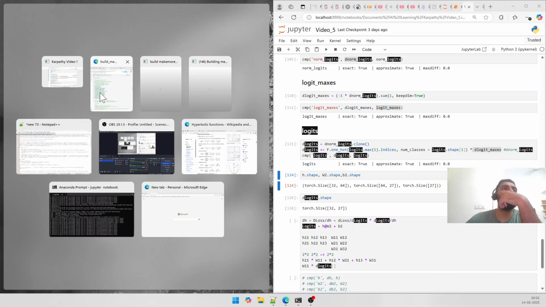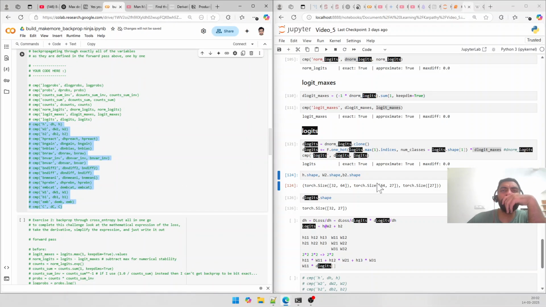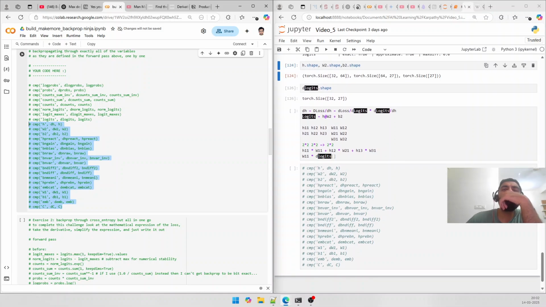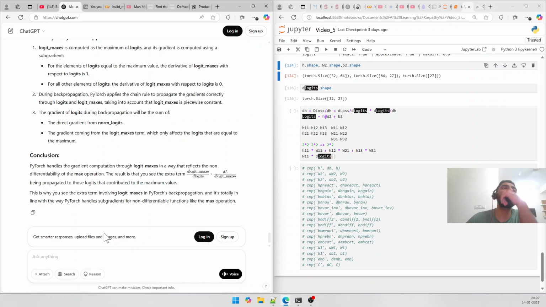Only thing that I can see is backprop is calculated for a dot product.